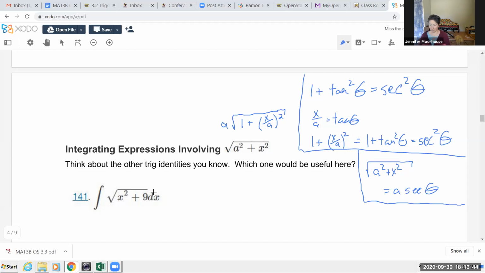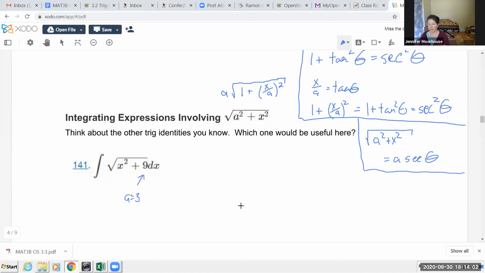So here, the a is 3. And so the substitution that we're going to make is x over 3 is equal to tan theta, or x is equal to 3 tan theta.